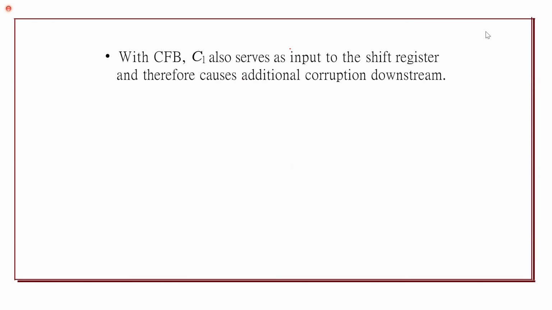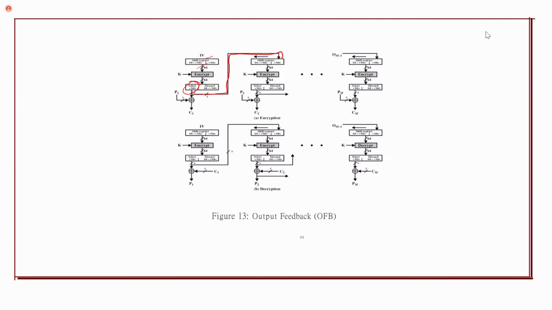Whereas in the output feedback, before performing the XOR operation, that will be given to the second block. Okay. So those S bits will be XORed with plain text and produce the ciphertext. So that is the only difference between output feedback and cipher feedback mode.